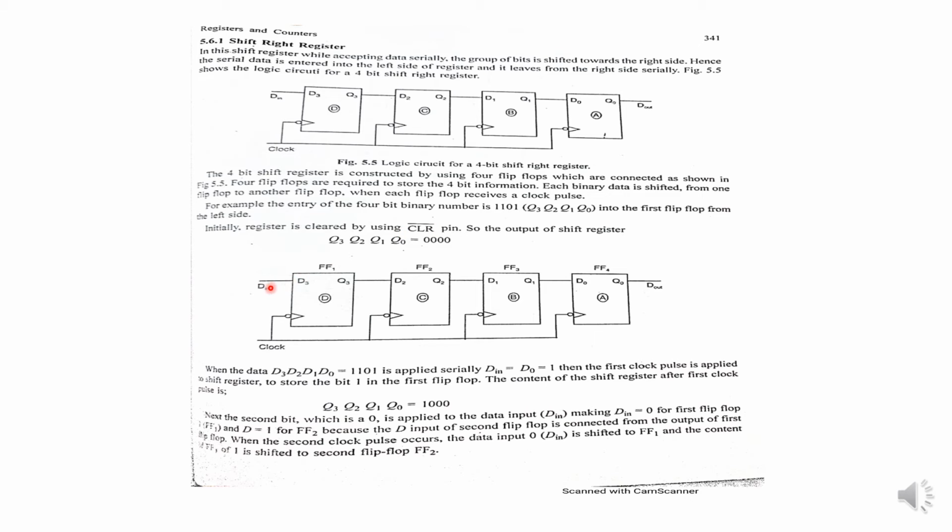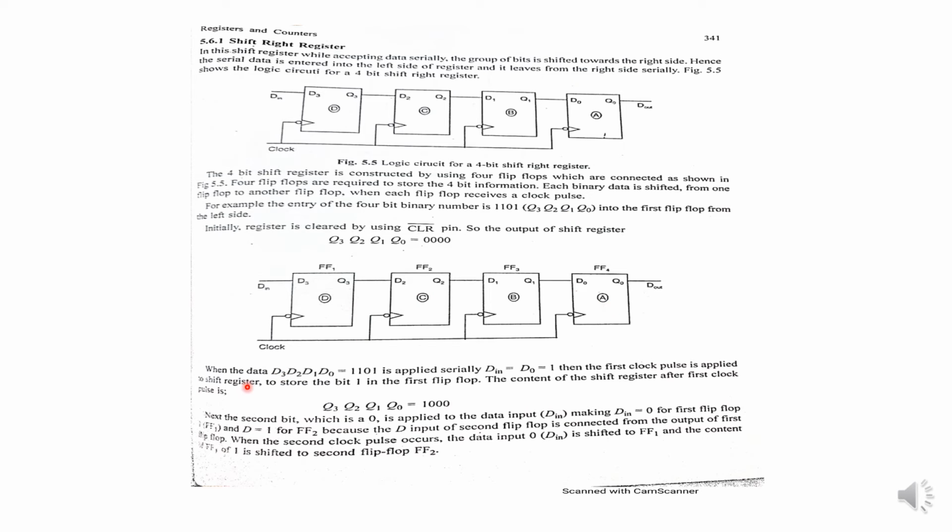So we will give the input data here. The input data is 1101. We can take any example like 1011 or 1111. If there are 4 bits, we use 4 flip flops; if there are 5 bits, we use 5 flip flops.